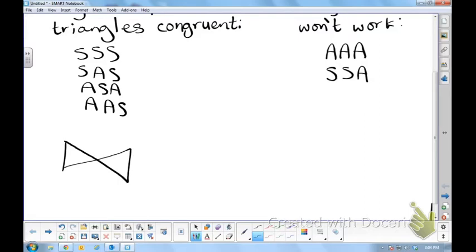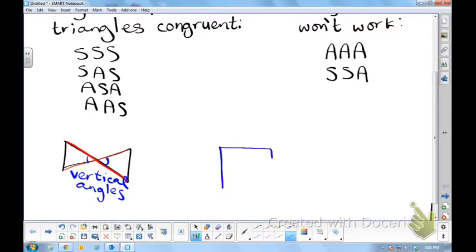We have two triangles connected, but we also have two lines crossing, and we know that these angles are the same. They're vertical angles. So even if I didn't write out the angle symbol for those, we could write it in ourselves because we can assume those are the same angles.